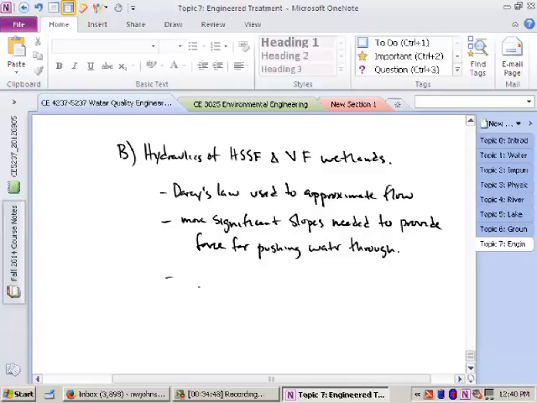In principle, Q, the total flow, is equal to area times minus K dH/dL.